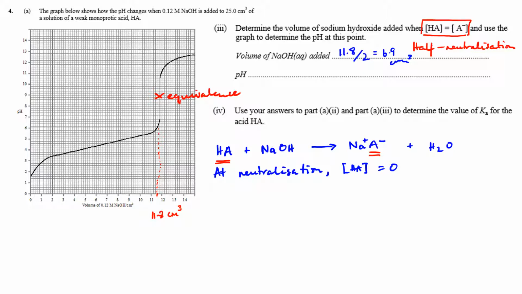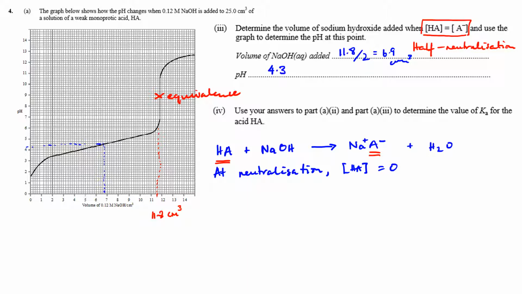Then you look at your 6.9 and you just read it off the graph very roughly. I seem to remember the mark scheme said the pH was 4.3, and that's what you do.